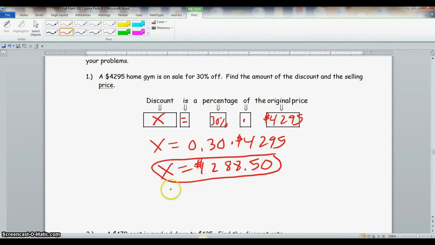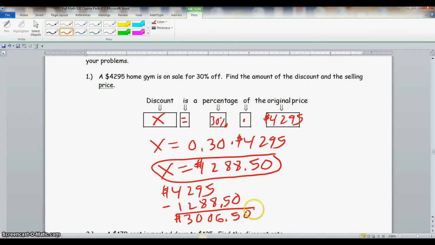is. So we'll take the original price, which is $4,295, and we will subtract the discount, which is $1,288.50. Now, when we subtract this, it will give us a purchase price of $3,006.50.